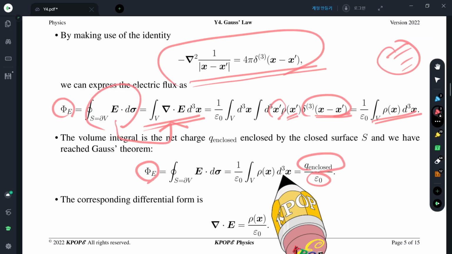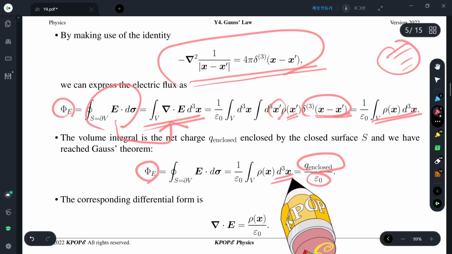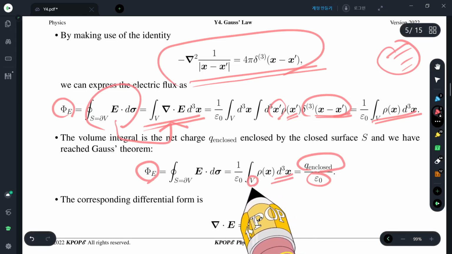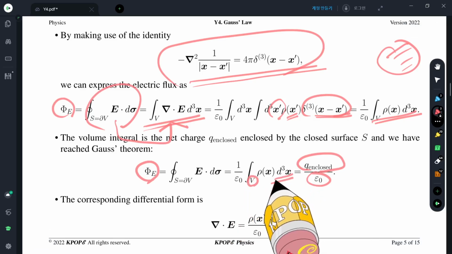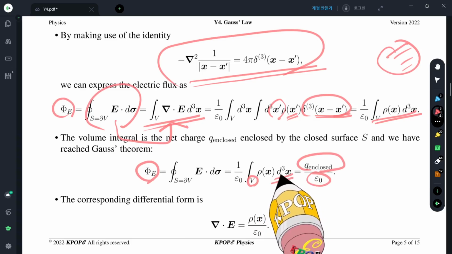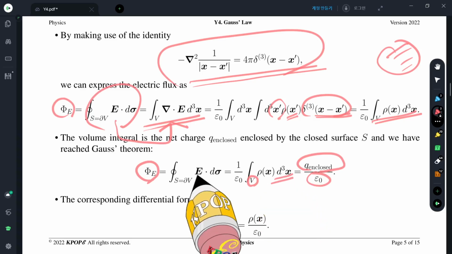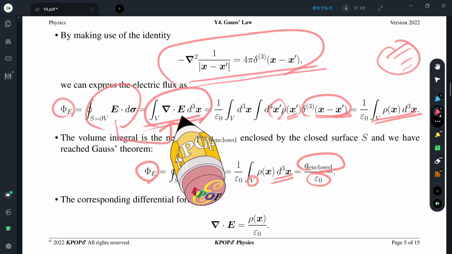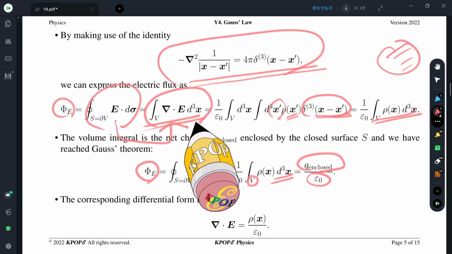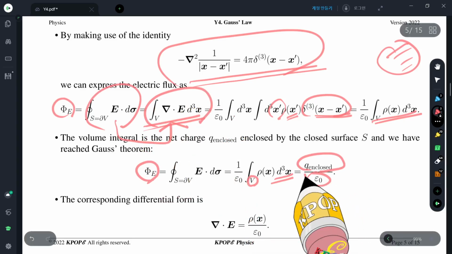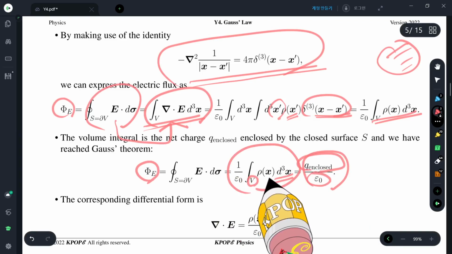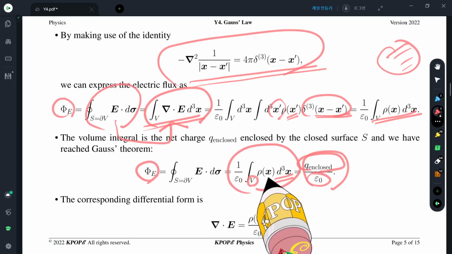And actually, this integral can be shrunken into a very tiny region. In that case, this left side is the volume integral of the divergence of the electric field, and the right-hand side is the volume integral of charge density divided by epsilon 0.